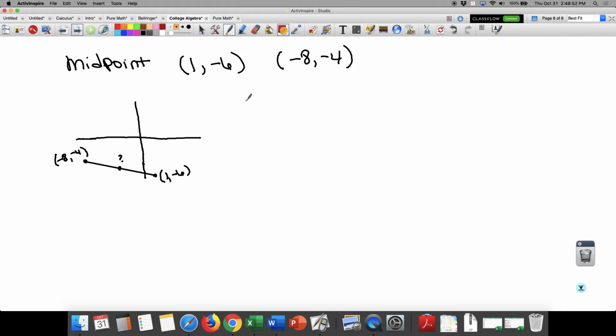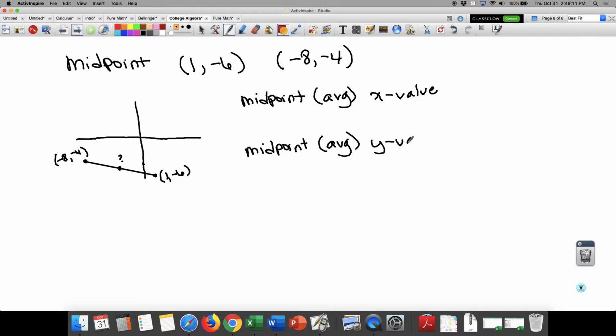So what you have to do is you have to find the midpoint, or again the average, for the x value, and you have to find the midpoint, or the average, for the y value. Now you don't have to graph these, I'm just doing this as a visual because you will have to get another xy point here, coordinate, so that we can plot that point.